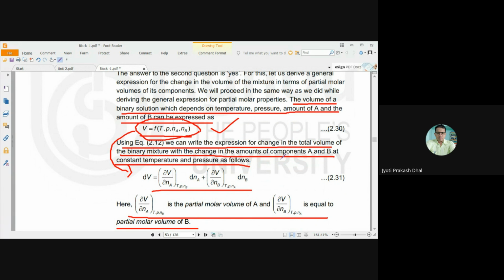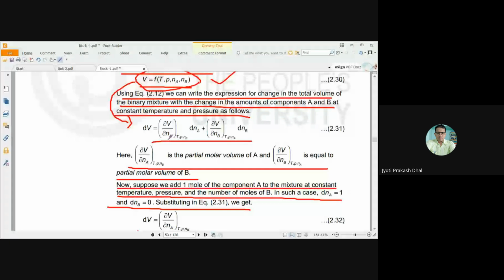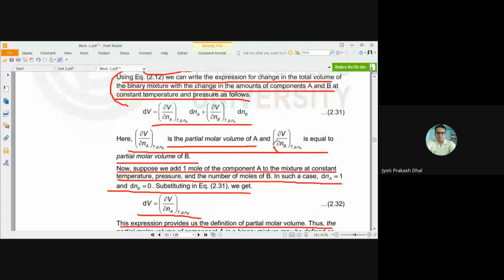So deleting the first two terms, we can write dV equals (∂V/∂nA) at constant T, P, nB dnA plus (∂V/∂nB) at constant T, P, nA dnB. And here the first term of this expression 31, that is (∂V/∂nA) at constant T, P, nB, is the partial molar volume of A. And similarly, the second term is the partial molar volume of B.